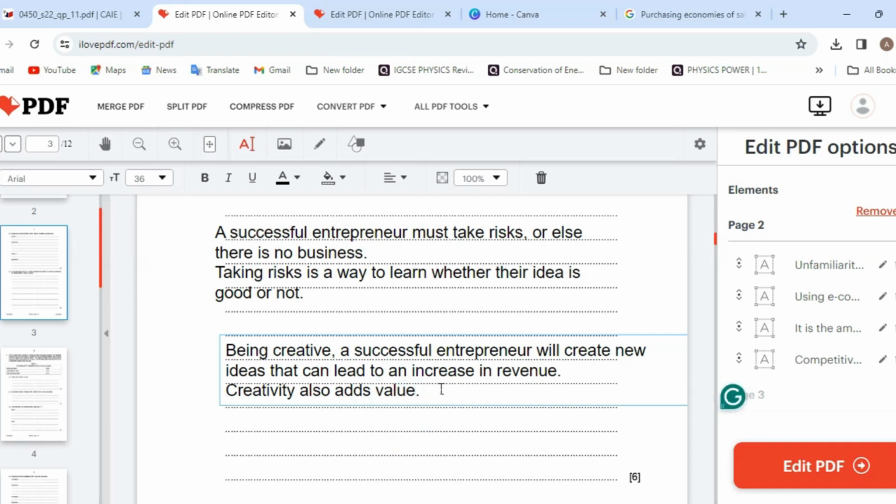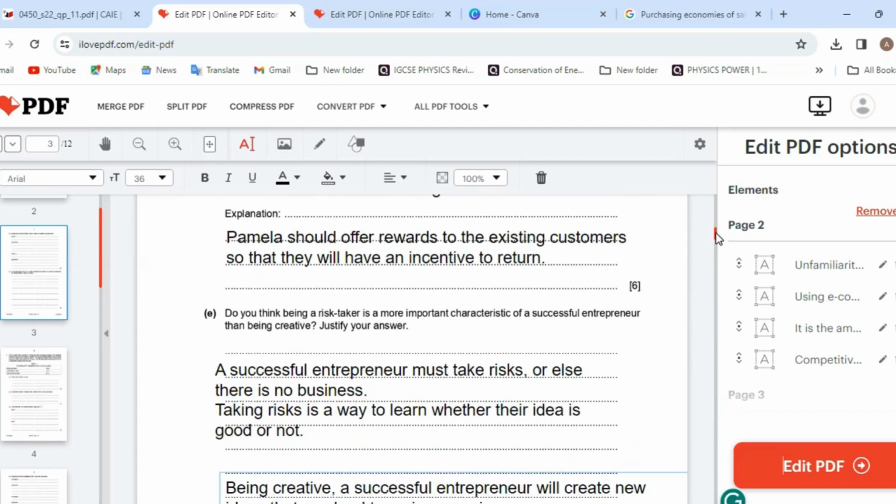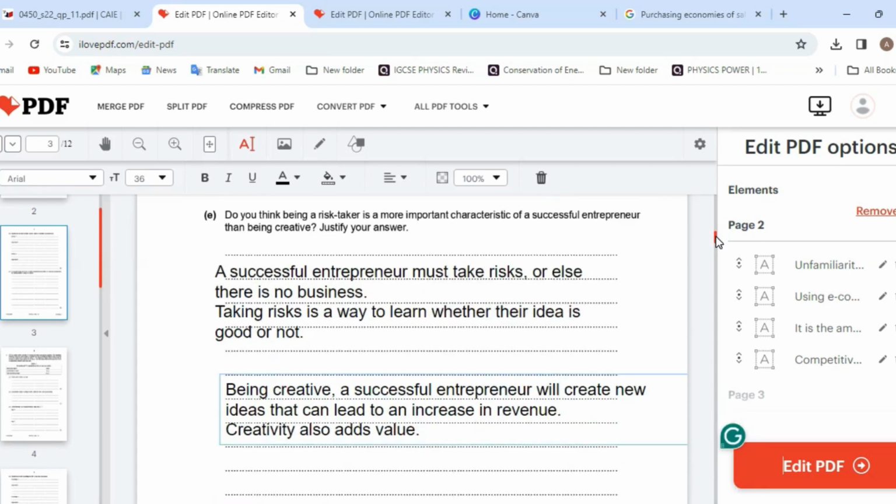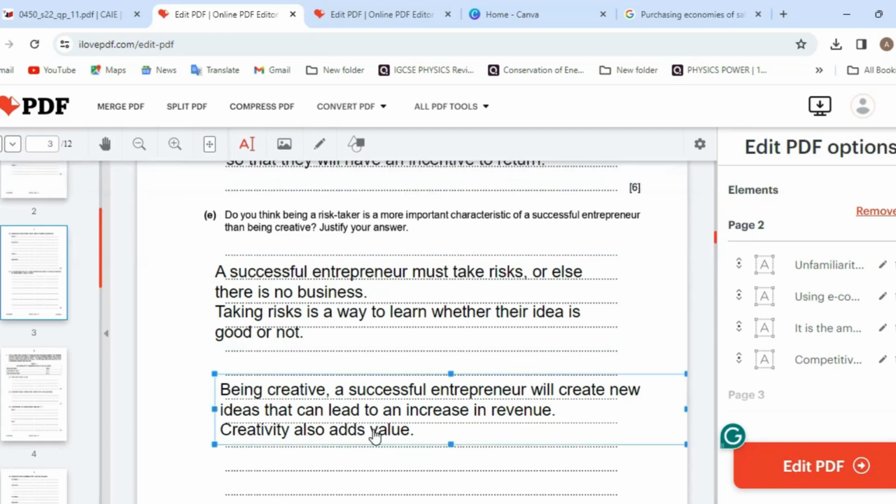Okay, now to see this, which one do you think, Pamela? Let's see our appendix here. Which one is the more important characteristic of a successful entrepreneur here?